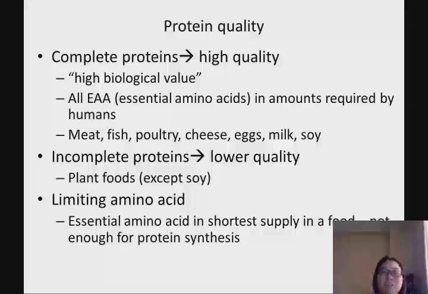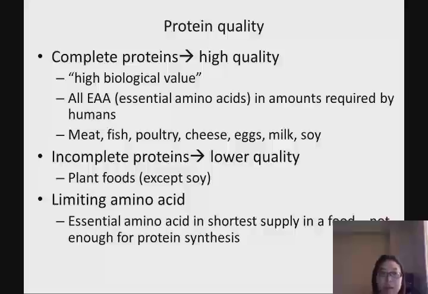The rest of them, like legumes, grains, and nuts, are not complete proteins because they don't have all 9 essential amino acids. We just call them incomplete proteins. They have lower quality protein, like plant foods.